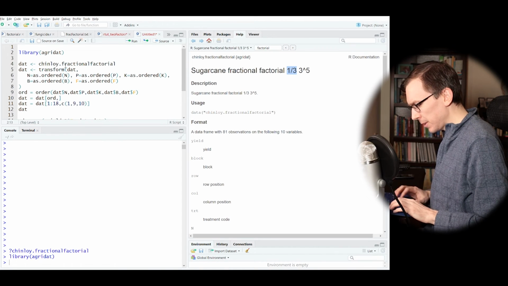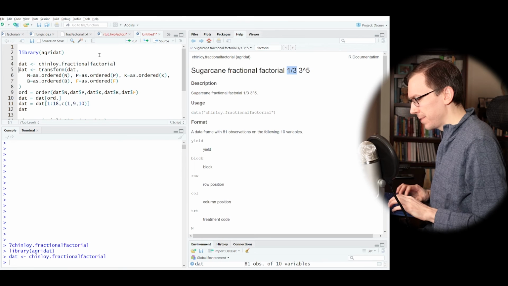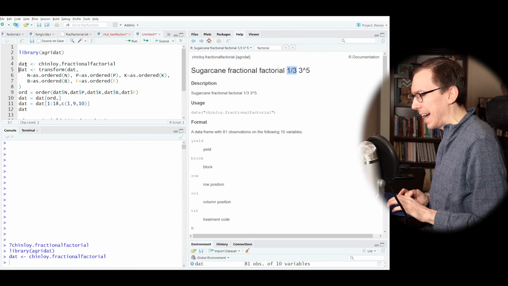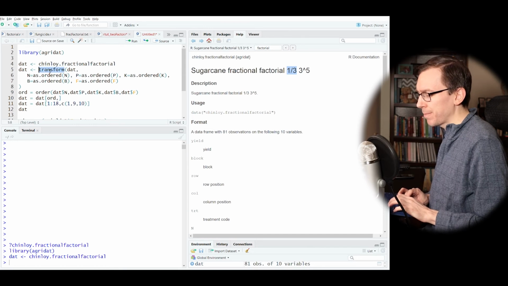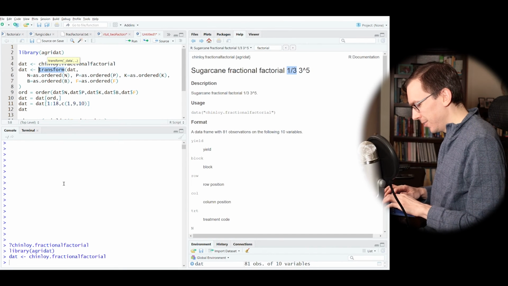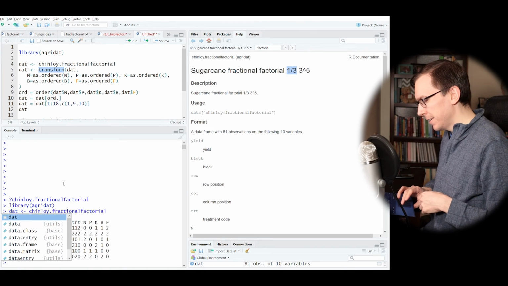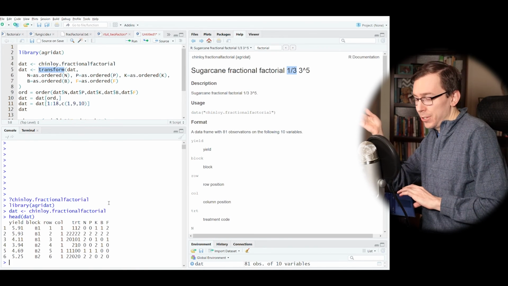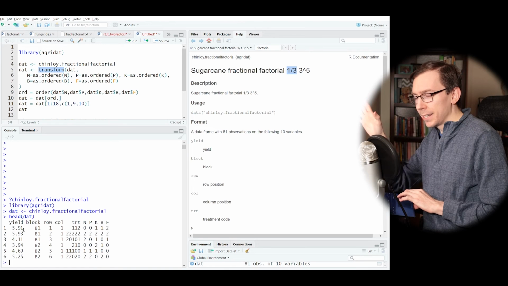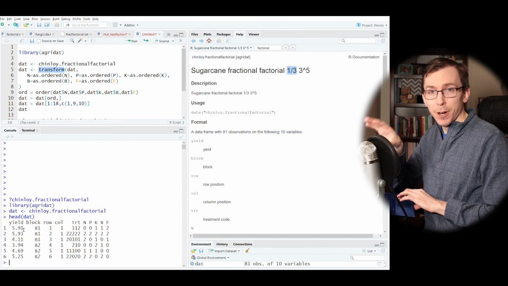So what we're going to do is first just load this data set into dat for short, and then we're going to use the transform function as noted. Well, actually, why don't we look at this data set first with a head here so we can see what it looks like. There's a lot more going on than we're going to discuss right now.